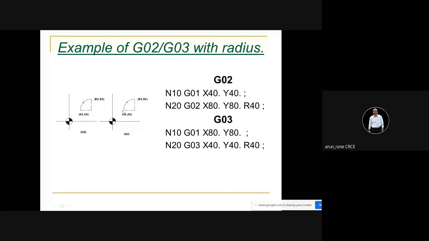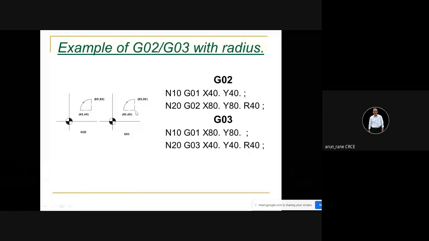So X will be, from this distance, X minus 40 and Y minus 40 again. With respect to this point it is X minus 40, Y minus 40, and again now the center. If you want to do center programming, then again with respect to this, where the center point is: I is 0 and J is minus 40.